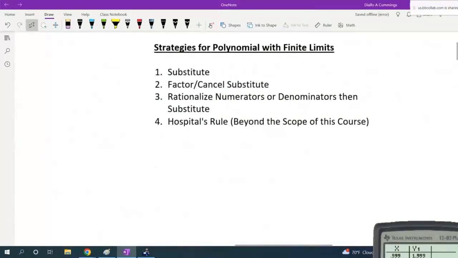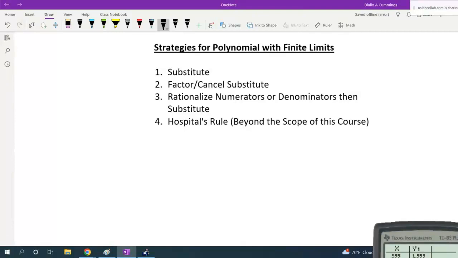Now we'll take a look at finding polynomial limits with finite limits. So the first strategy is to substitute. That should be your initial strategy whenever you're asked to find the limit of a finite polynomial. When I say finite limits, a finite limit is a limit that approaches some constant.